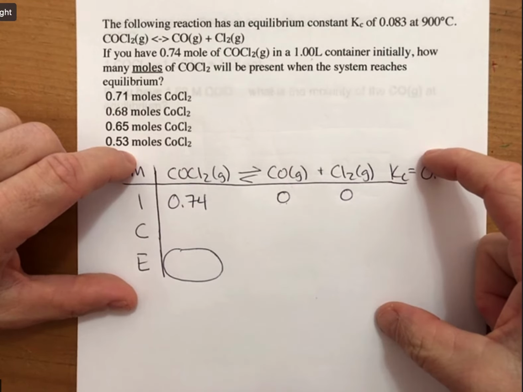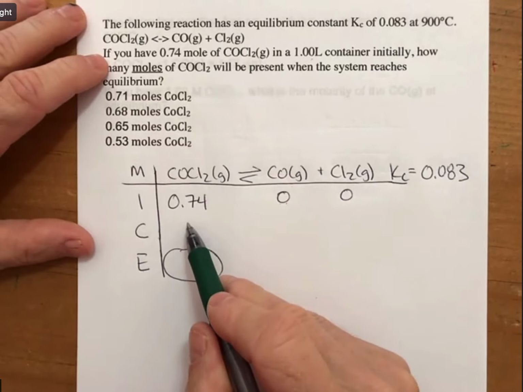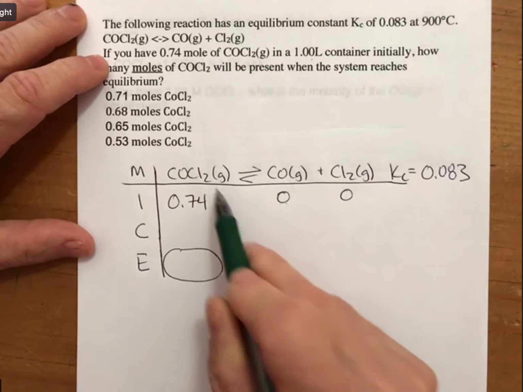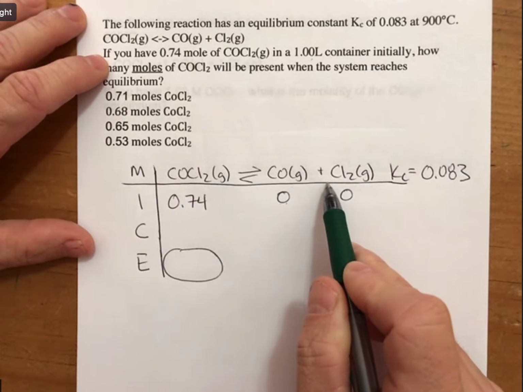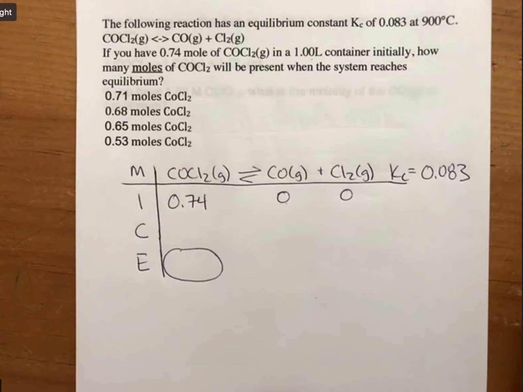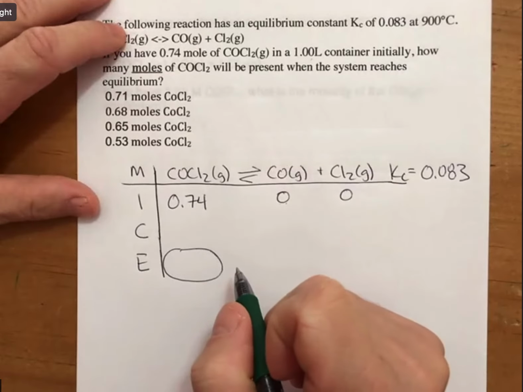So this is the information we have from the problem statement and the setup. Now we have to figure out how to solve this. We know that the reaction, because there are no products, must convert reactants into products to get to equilibrium. Imagine that Qc equals 0 for this, just to touch base with Qc versus Kc.